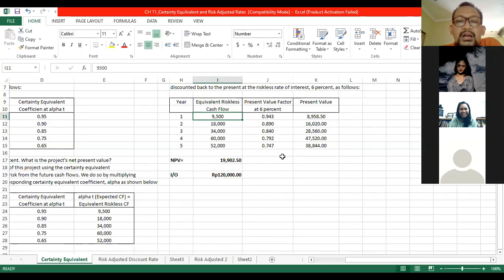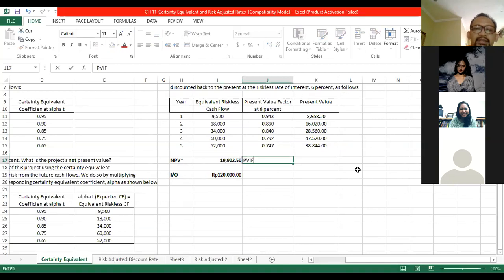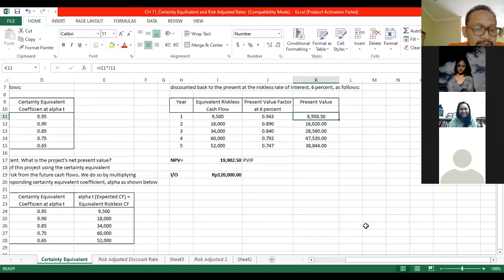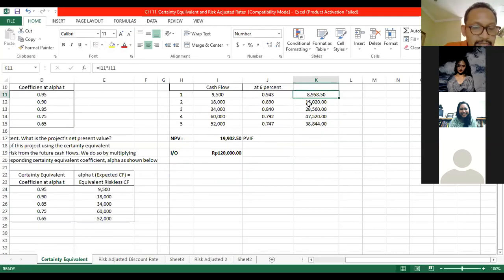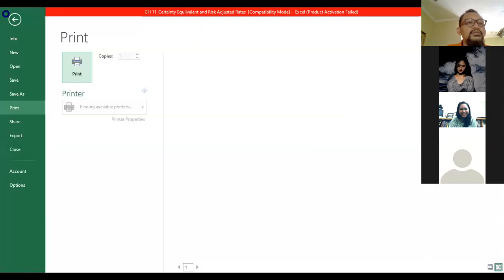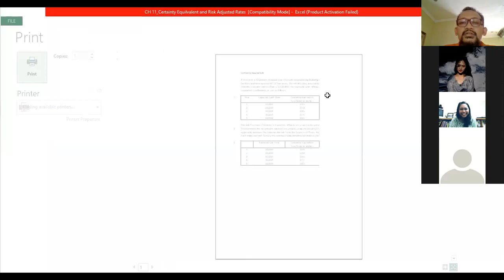This is using the table of present value interest factor. This is your present value.